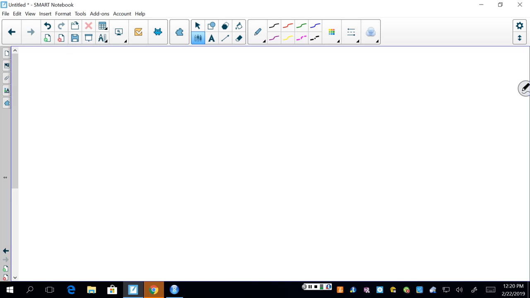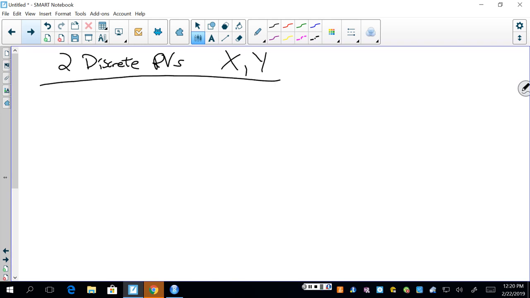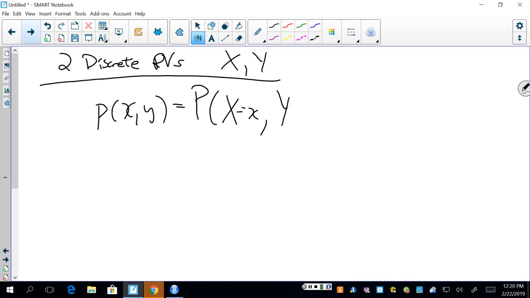If you have just two discrete random variables, call them x and y, then x takes on certain values and y takes on certain values. Then it's described by a probability function, which gives you the probability that x has a certain value and y has its value.